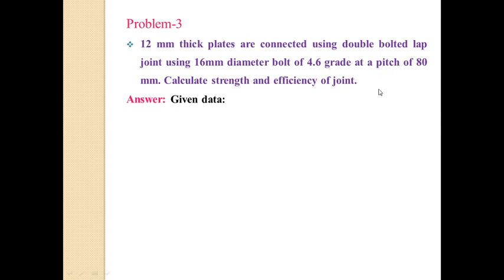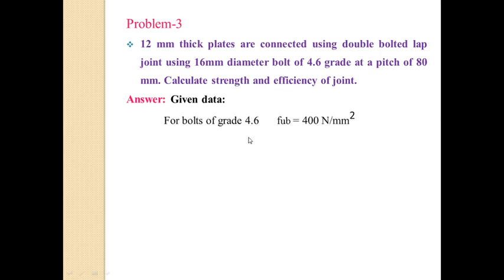So we cannot calculate the pitch using the formula; the pitch distance is already given. Then we have to calculate the strength and efficiency of the joint. So let us see the answer.